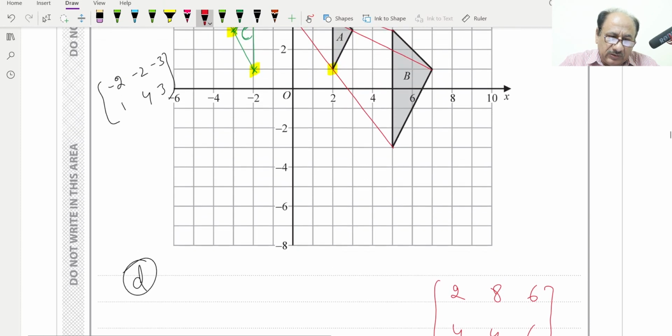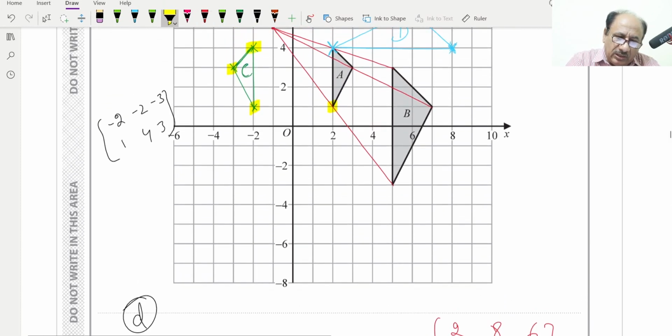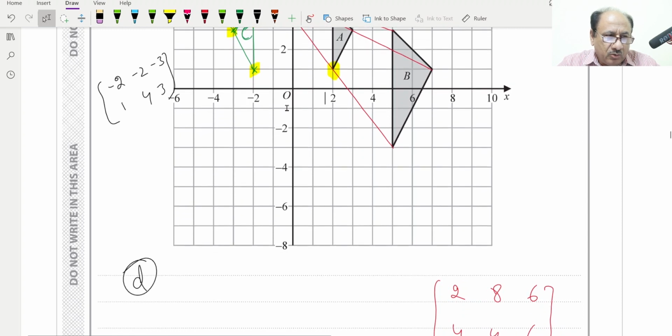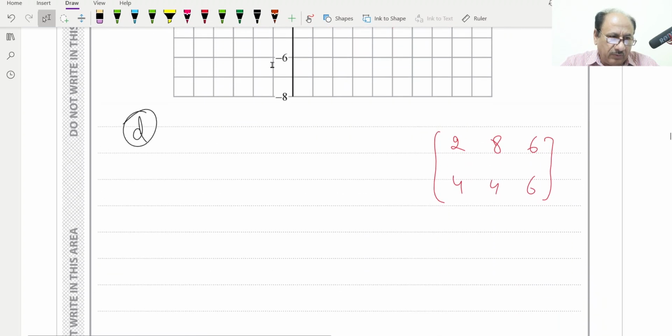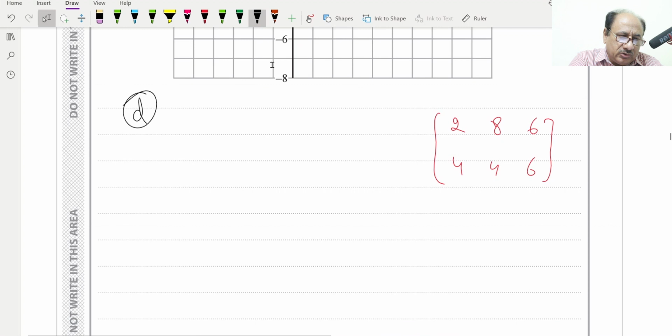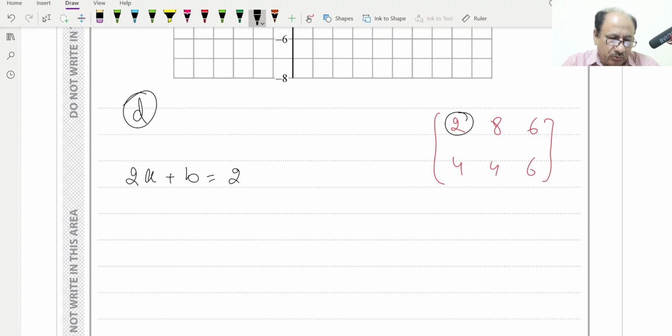So this point which I have highlighted is (2, 1). I will form the equation from here: 2a plus 1b is equal to this first term, which is 2.